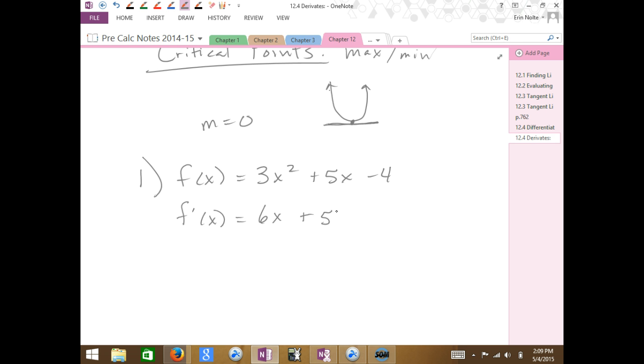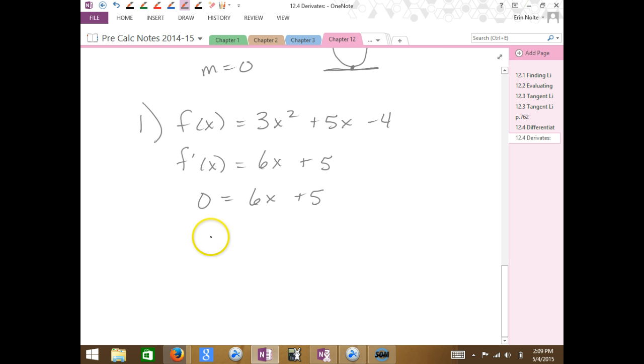If I'm trying to figure out what the x value is when the slope is 0, all I have to do is take the derivative and set it equal to 0. So for the vertex, subtract 5, divide by 6, and the x value is -5/6. That's kind of cool, right?